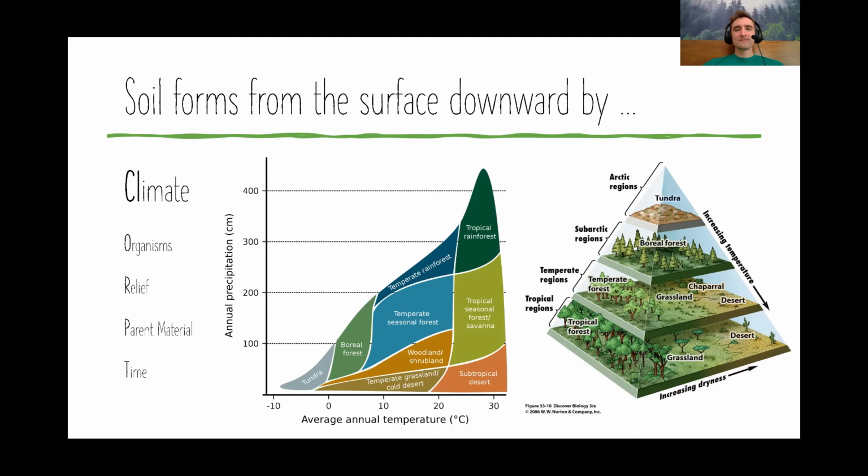Another way to express this is with the pyramid diagram on the right-hand side. With a pyramid, we've got three variables, and increasing dryness is one of those variables. Increasing temperature is the other variable. And the third one is actually latitude, which is not necessarily written, but you can see with these different regions: Arctic, subarctic, temperate, and tropical.